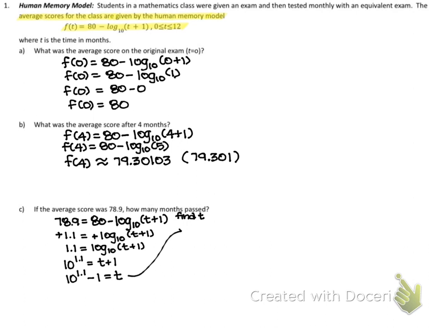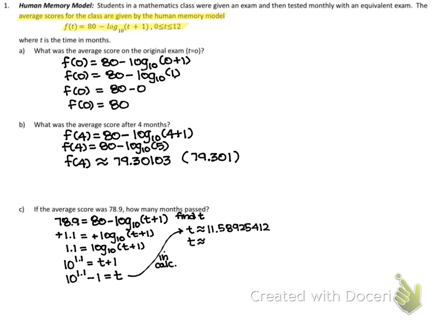Once we get to this point, let's put this in the calculator now. So I'm going to do 10 to the power of 1.1. Make sure that you bring your cursor down from the exponent after you do the 1.1, and then do minus 1. So it looks like t is approximately 11.58925412.